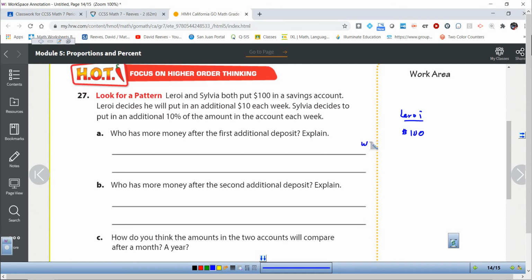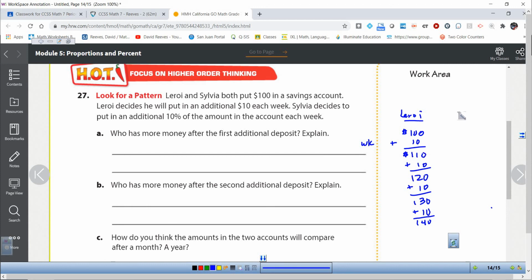And if this is our week, then the first week he's going to add 10, then he'll have 110, and then he'll add another 10, and then he'll have 120, and then 130, and he just keeps adding 10 every week, right? 140, 150, 160, and so on.